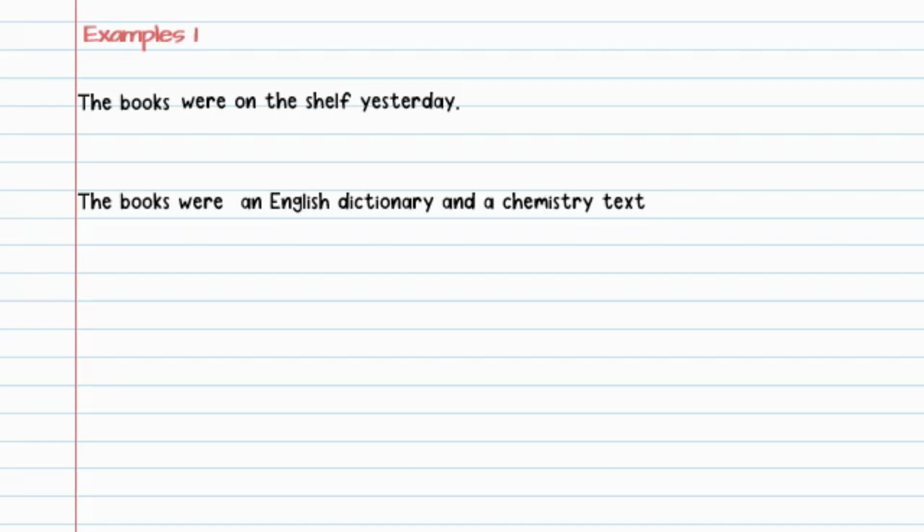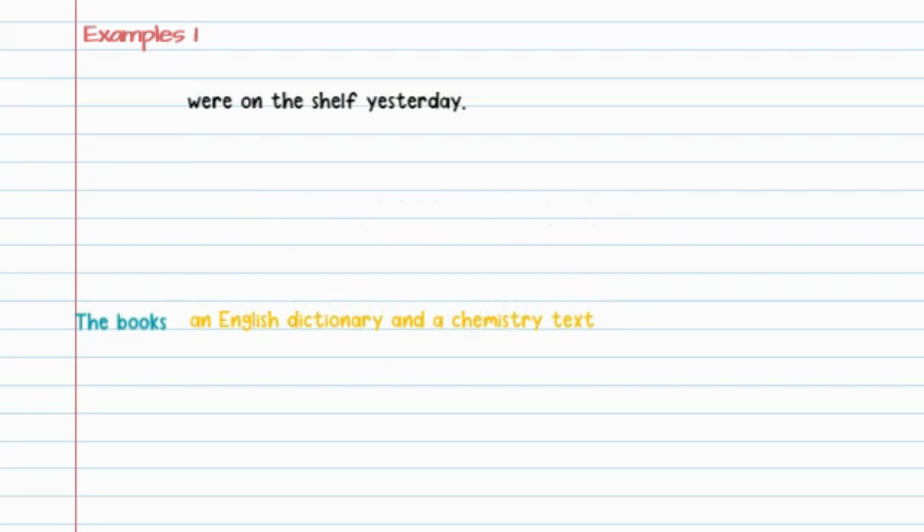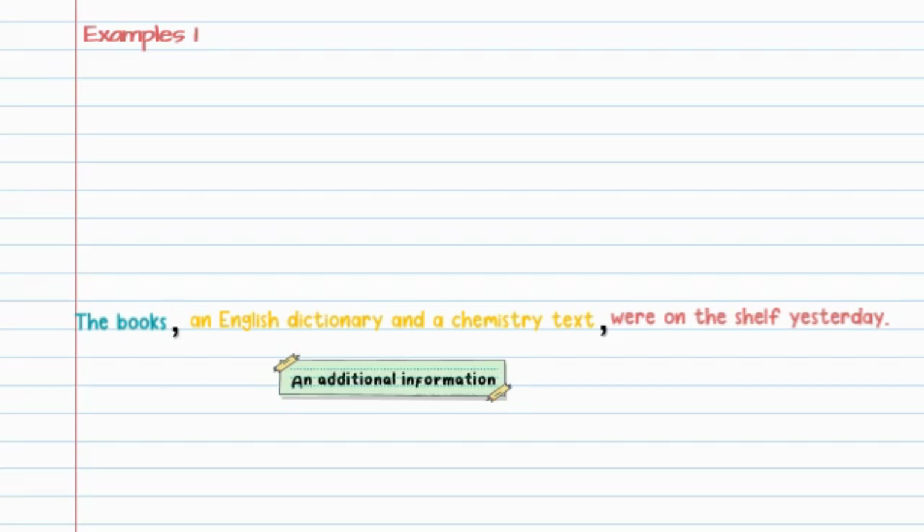Because it has the same subject, the second subject and the second verb disappear. They're gone. And the phrase, an English dictionary and a chemistry text, is put between the books and were on the shelf. We add two commas to show that an English dictionary and a chemistry text is the additional information.